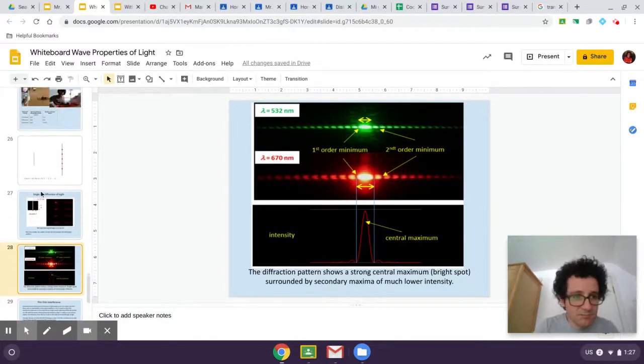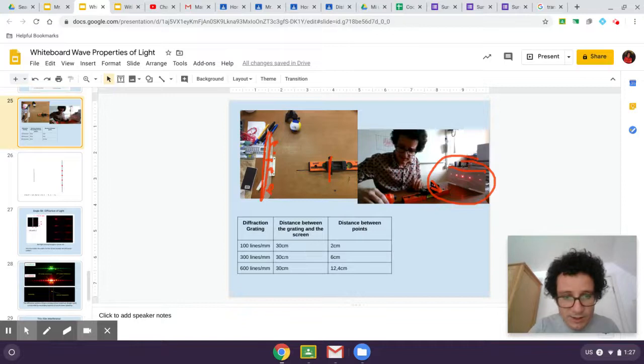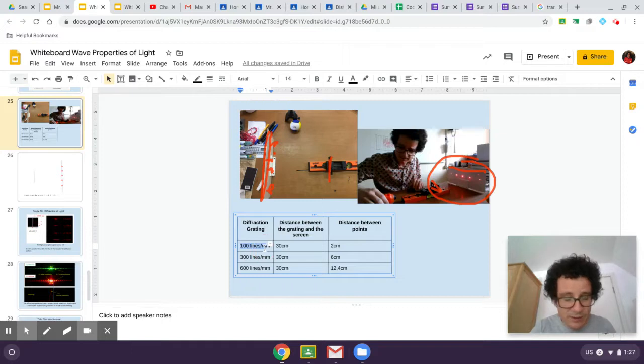That's why it's better to use grids with a lot of little slits. But that's the distance between slits. In this case, for example, we know that for the first grating there's 100 lines per millimeter. That means 100 slits per millimeter.